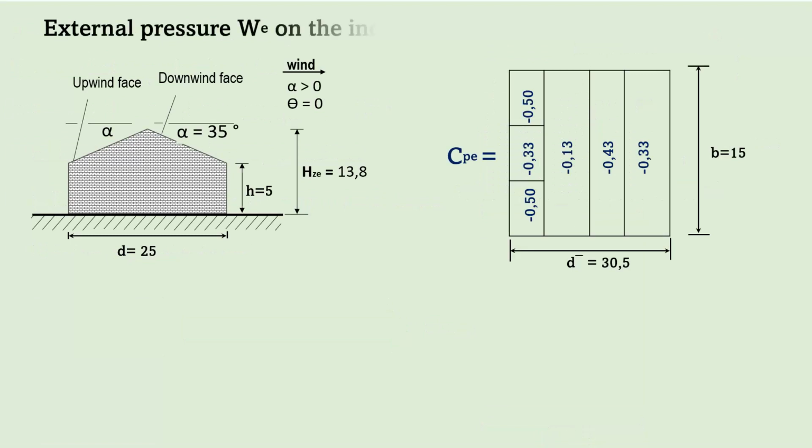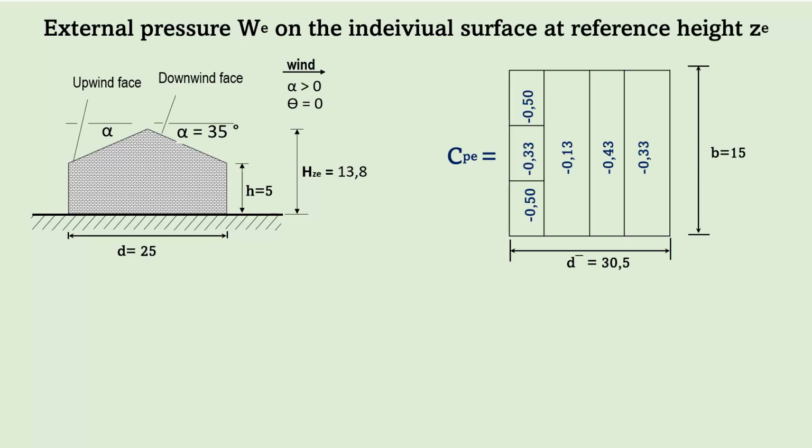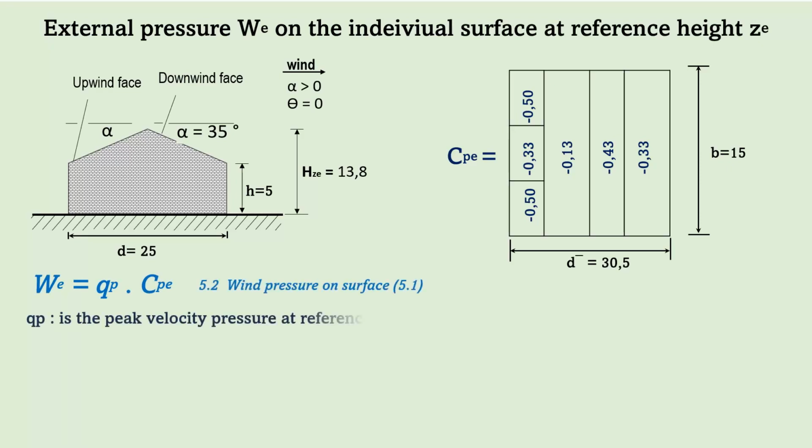After defining CPE values, we can determine external pressure WE in every zone. WE equals QP times CPE. QP is the peak velocity pressure at reference height Z. CPE is the external pressure coefficient.